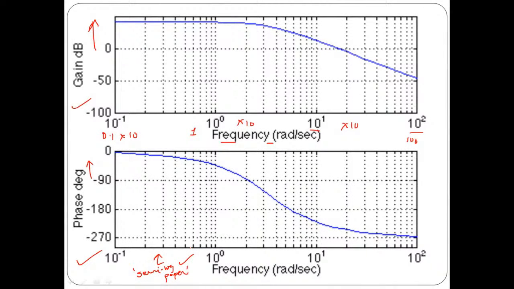If you have done with this, then this is called the magnitude plot, and this is going to be the phase angle plot.